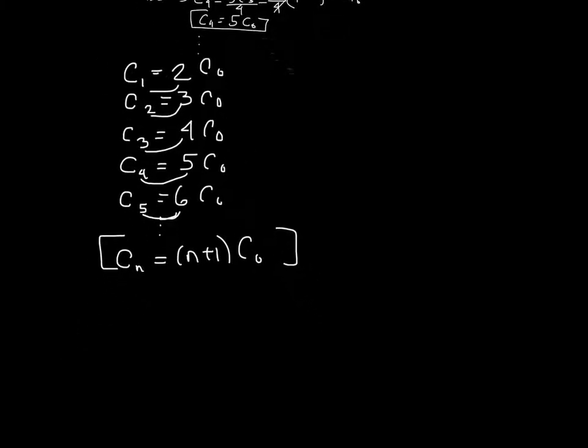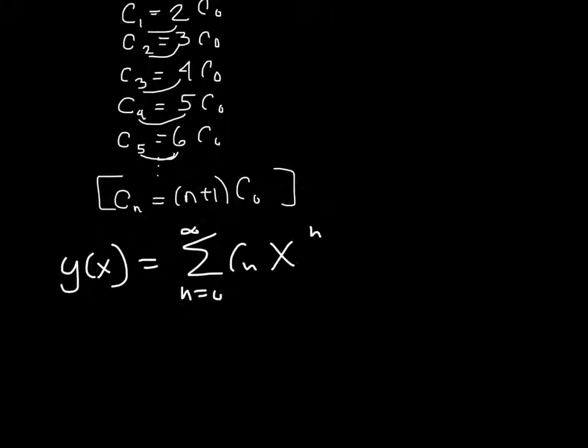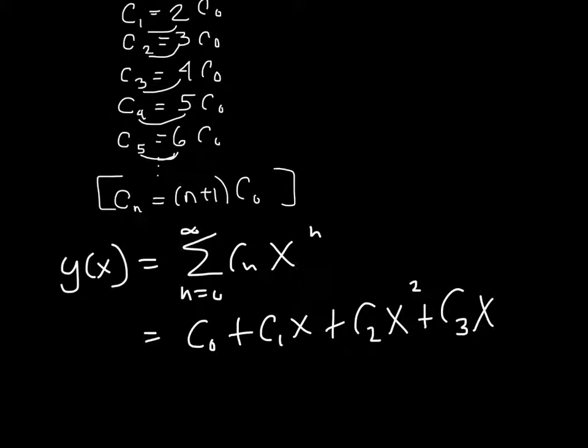And again, we assumed that the solution was a power series representation. So remember, we assumed the sum of Cn x to the n. And this is just C0 times x to the 0, which is just 1, plus C1 x plus C2 x squared plus C3 x cubed plus, dot, dot, dot.